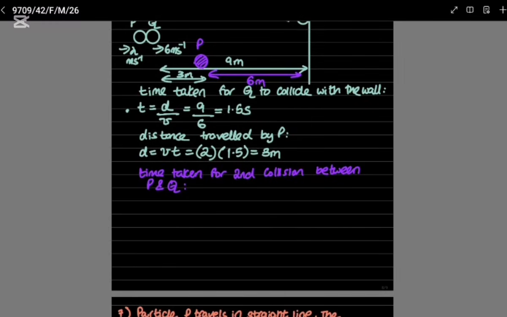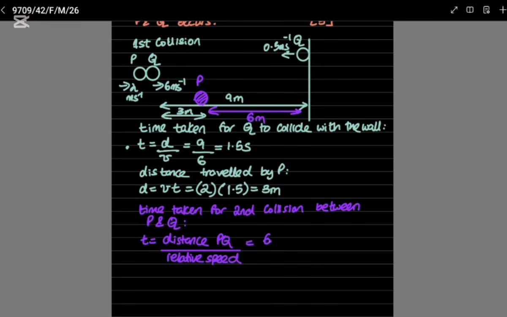Now for that, time is equal to distance PQ over relative speed, okay. The relative speed, you have to take that into consideration. So the distance PQ is 6 meters as we found it, okay. Why am I writing M over there? That's the unit. So 6 over the relative speed, okay.